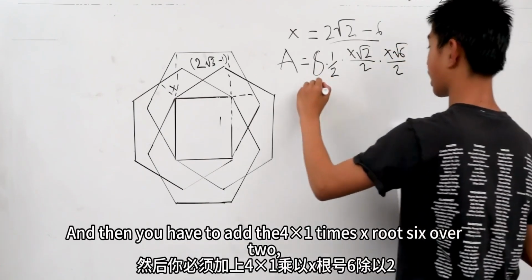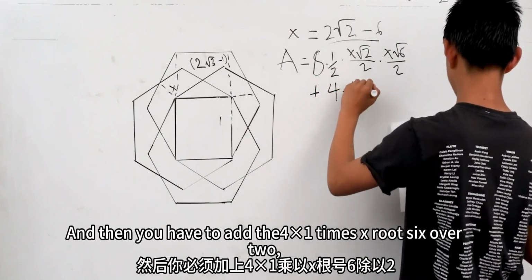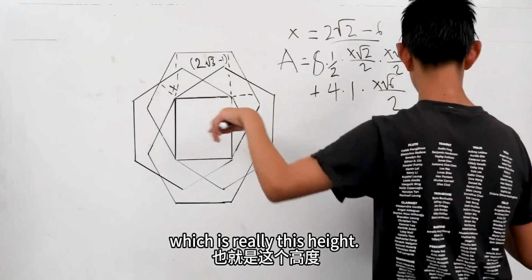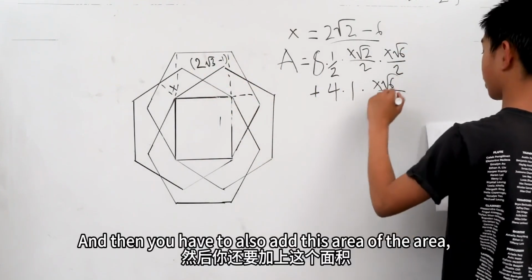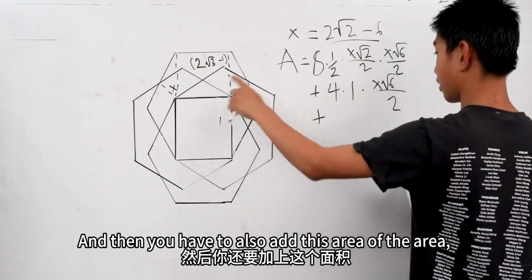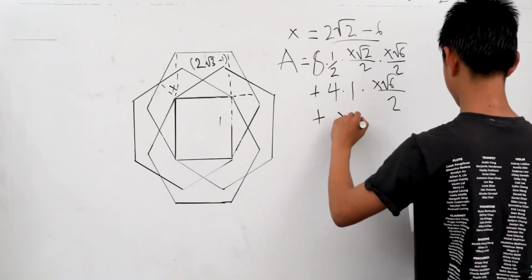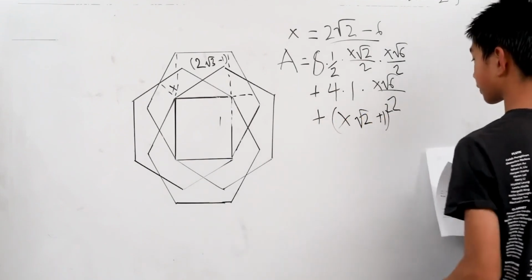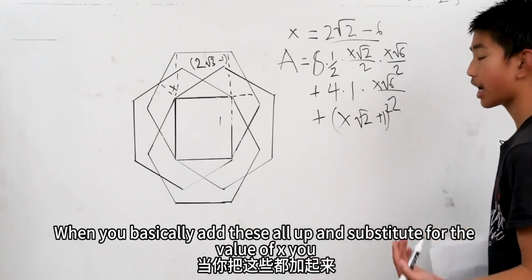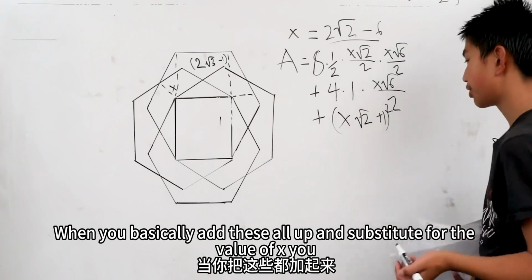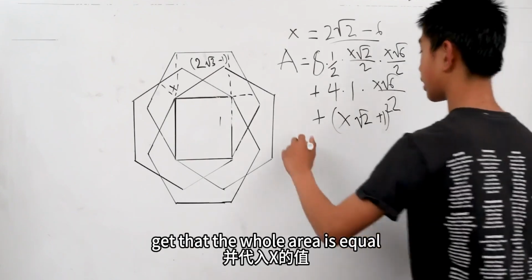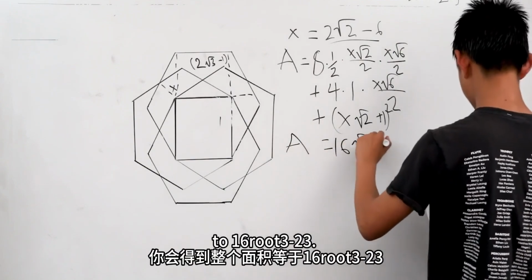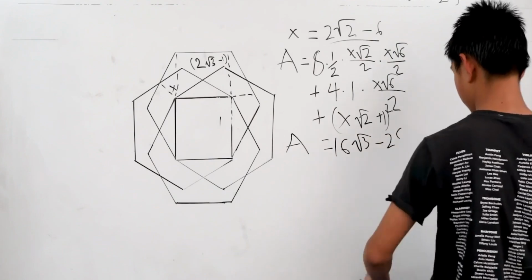And then you have to add the 4 times 1 times x root 6 over 2, which is really this height. And then you also add this other area, x root 2 plus 1 squared. When you add these all up and substitute for the value of x, you get that the whole area is equal to 16 root 3 minus 23.